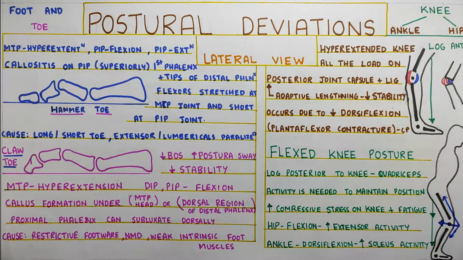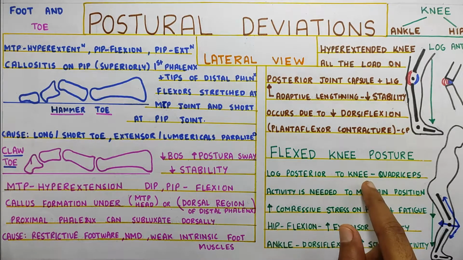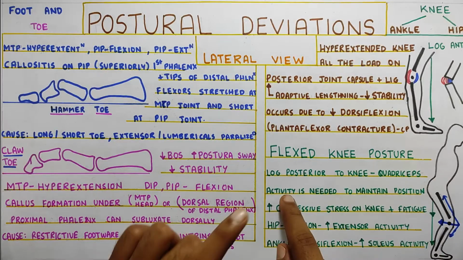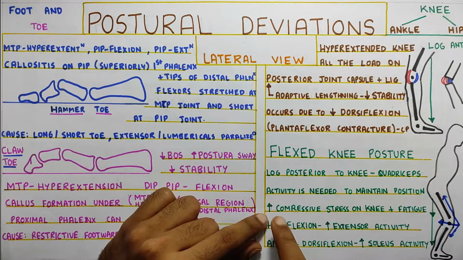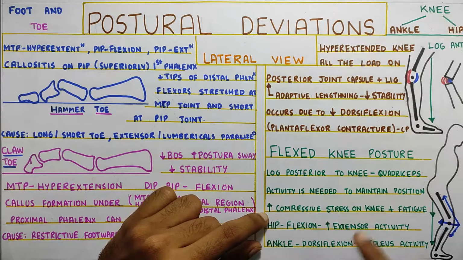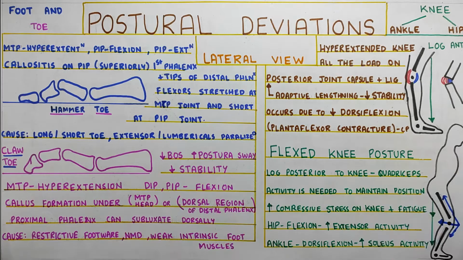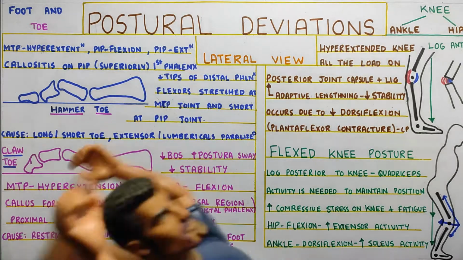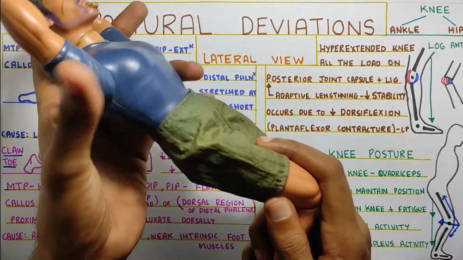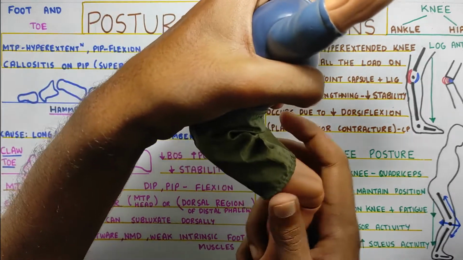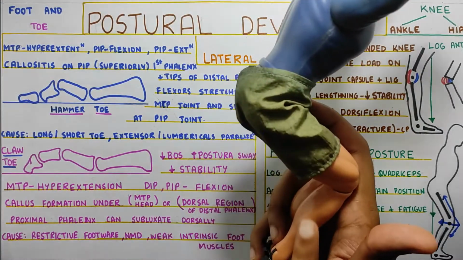So that's what I mentioned over here. The line of gravity goes posterior to the knee, so quadriceps activity is needed to maintain that position, and during this position there are high compressive stresses on the knee, as well as the quadriceps will go into fatigue. Apart from this, you can't just walk like this, correct? Your body will again compensate at the hip and it will bend forward so that the line of gravity stays in line.